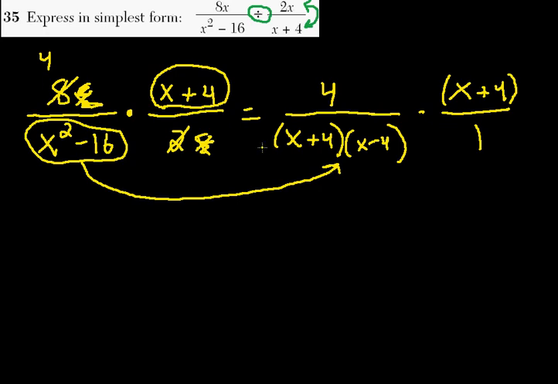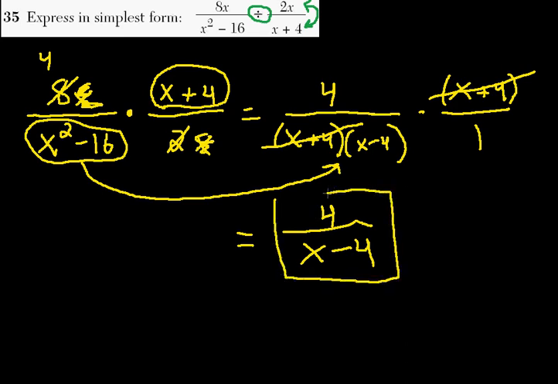And now we see that the x plus 4 and the x plus 4 cancel, and what we have left is 4 over x minus 4. And that is the final answer. Okay, see you in the next problem.